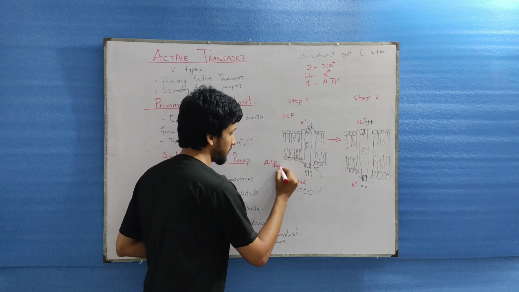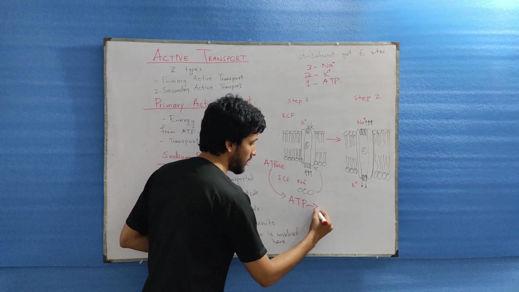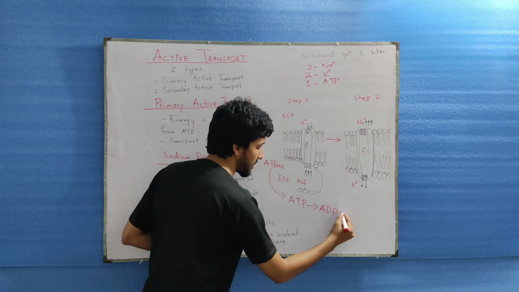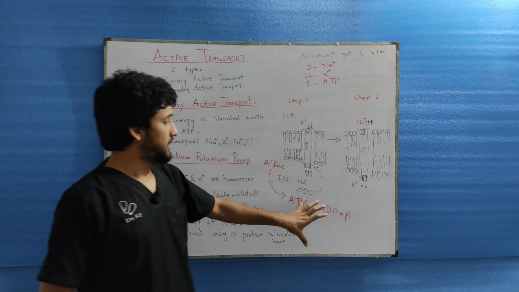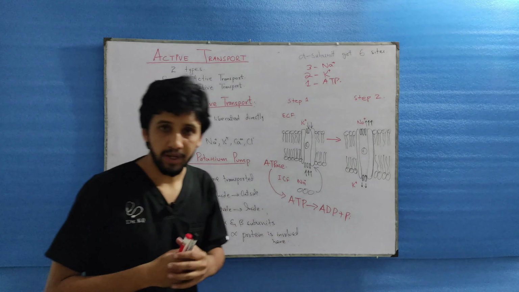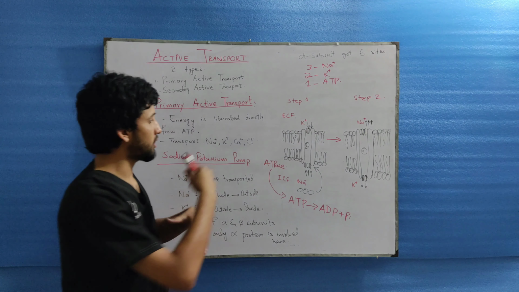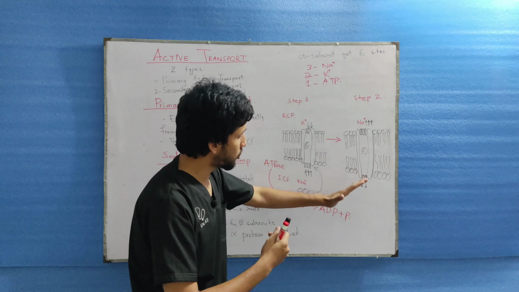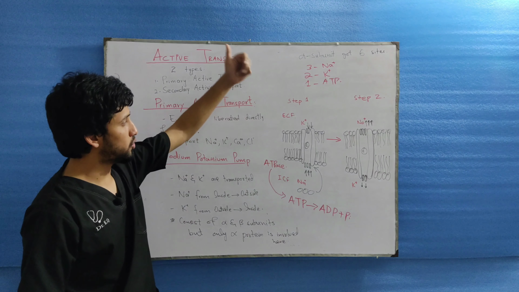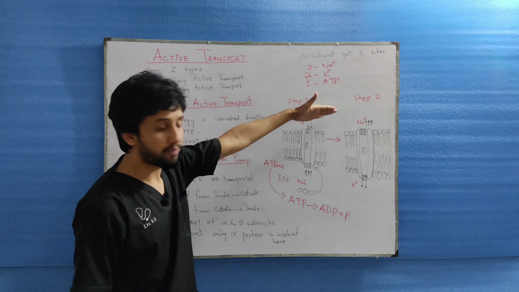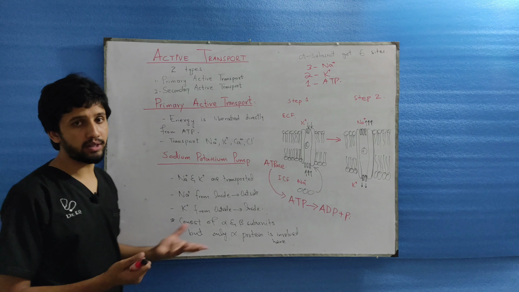This ATPase enzyme converts ATP into ADP plus phosphate. So this high energy molecule will then bring a conformational change in this protein carrier. There will be the conformational change and the 3 sodium ions are transported from the inside to the outside of the cell, and the 2 potassium ions are transported from outside to the inside of the cell. This is how the sodium potassium pump works.